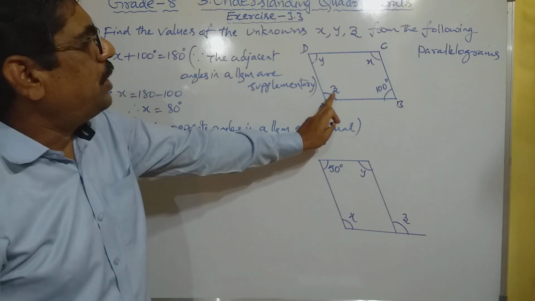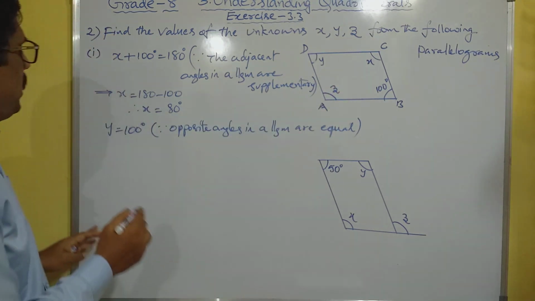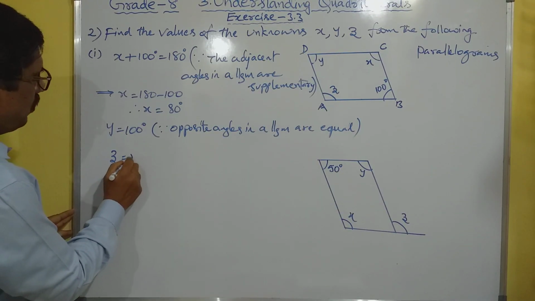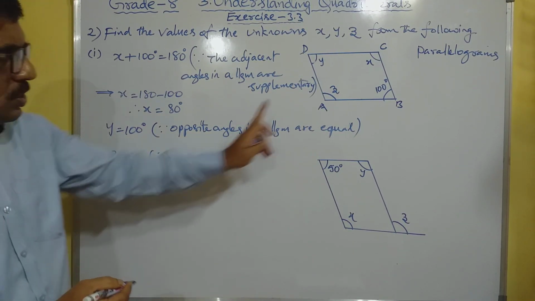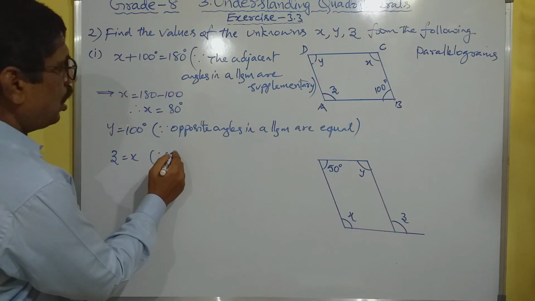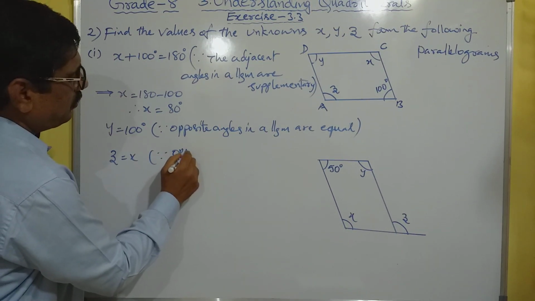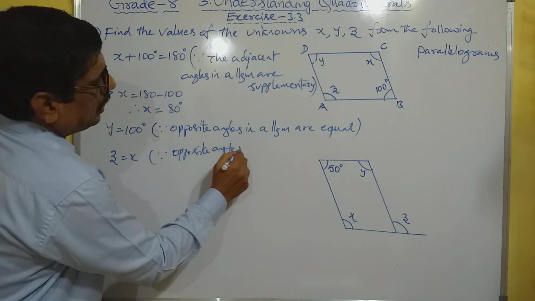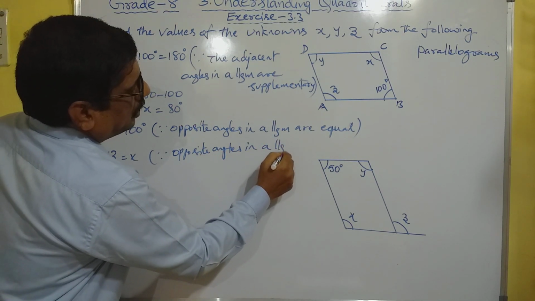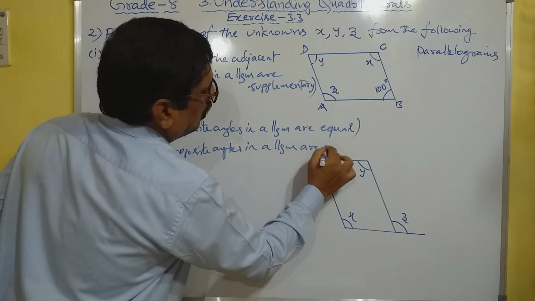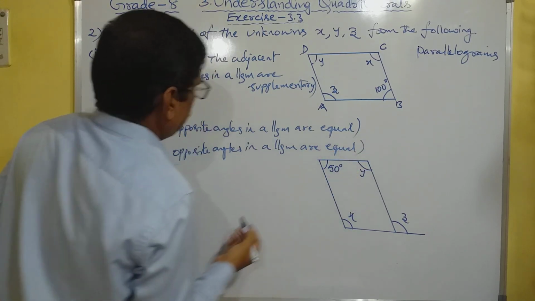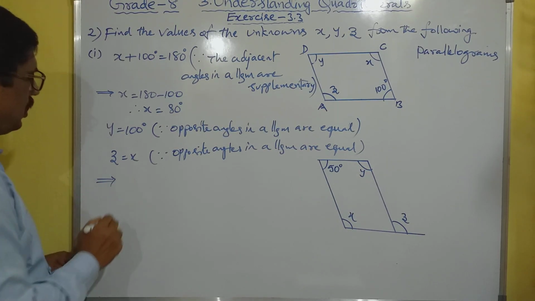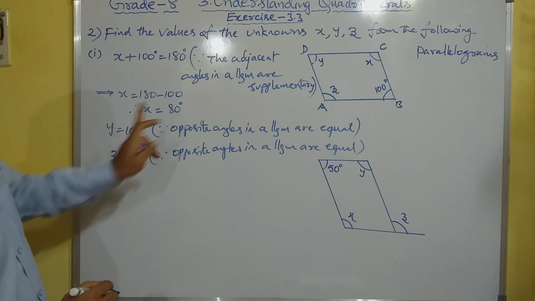Next, to find the value of z, we can say z is equal to x. Why? Z and x both are opposite angles. We can write the same reason. Opposite angles in a parallelogram are equal. But already here we found the angle x value.